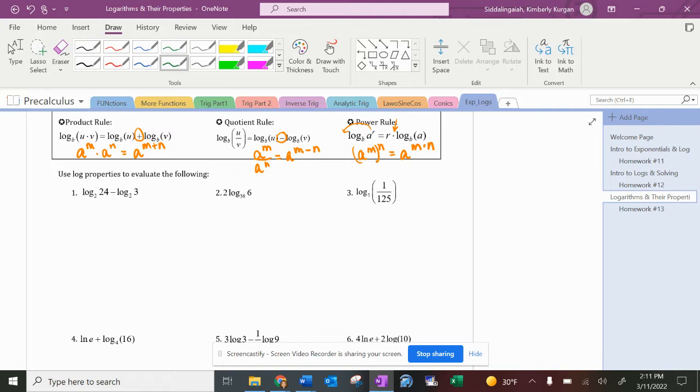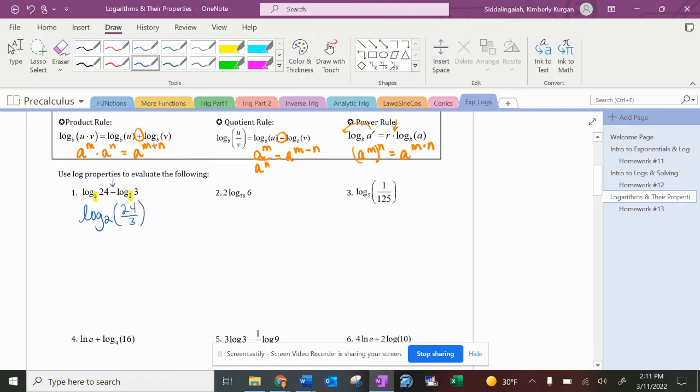So for number one, one thing I notice is they're both log base 2. That's great. What that means is I can push those two logs together because they have the same base. So I'm going to highlight that, the same base. So I can use my quotient rule. The reason I'm picking quotient is because of the subtraction sign. If I push these two logs together, the 24 is going to get divided by the 3.